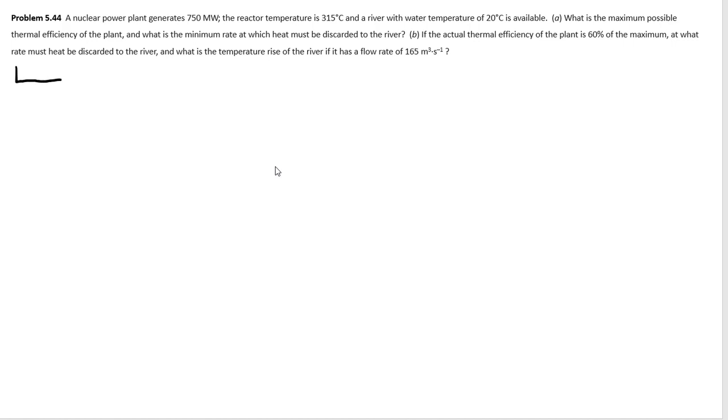If we think back to what we had earlier in the chapter, any kind of heat engine can be modeled like this, where we have a hot thermal reservoir. This engine brings in heat, it produces work, and then it has to reject some of that heat to the cold thermal reservoir.